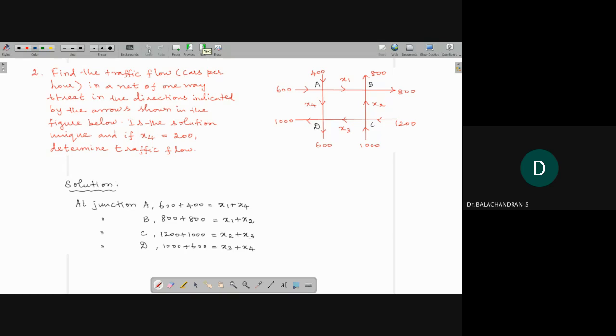So this is the problem. Please write the problem. Find the traffic flow in a network of one-way streets, in the directions indicated by the arrows shown in the figure below. This is the figure.